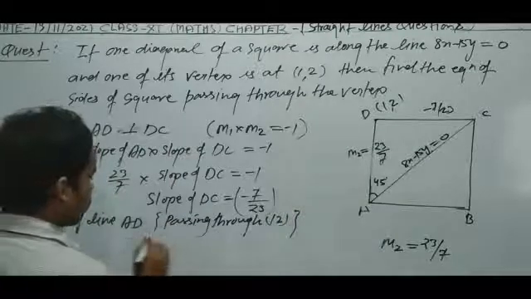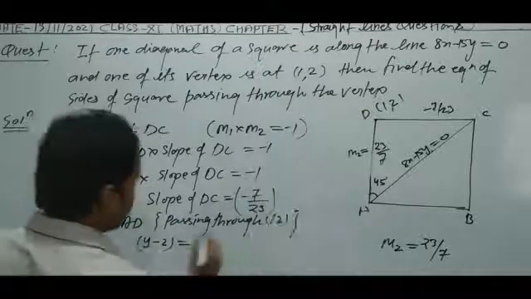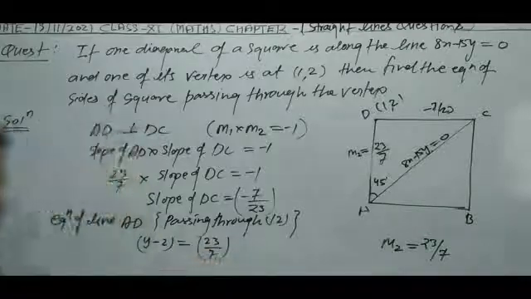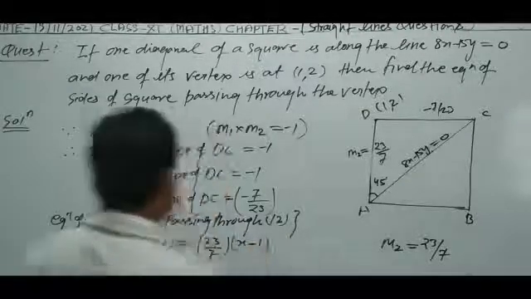So y minus 2 is equal to slope of line AD, 23/7, into x minus 1.